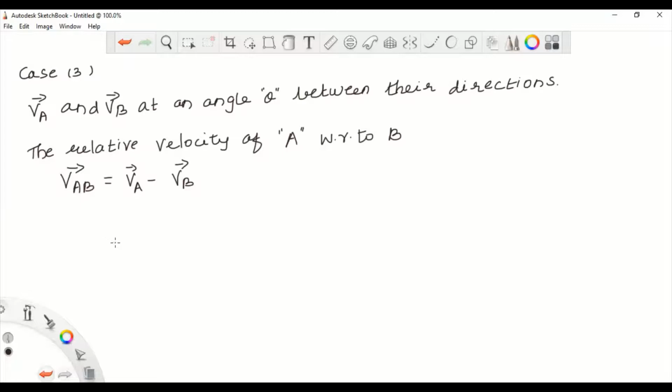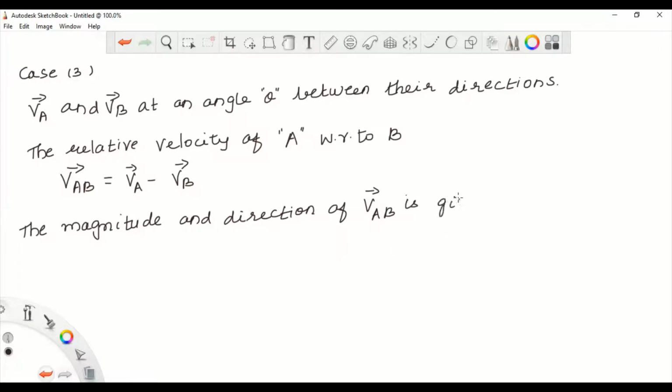Then the magnitude and direction of VAB is given by the following.